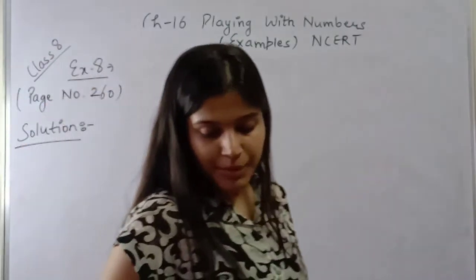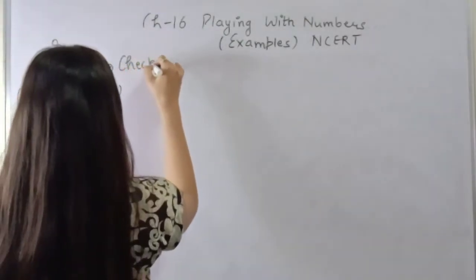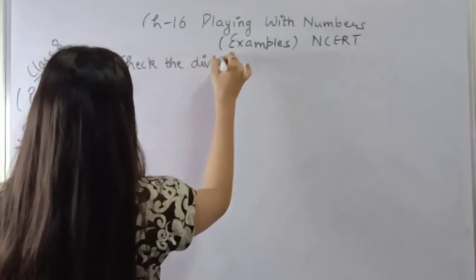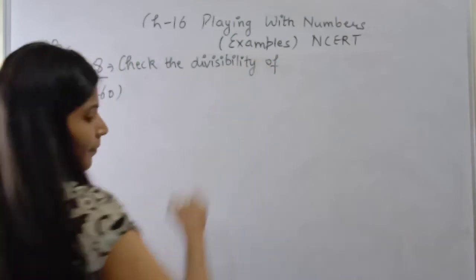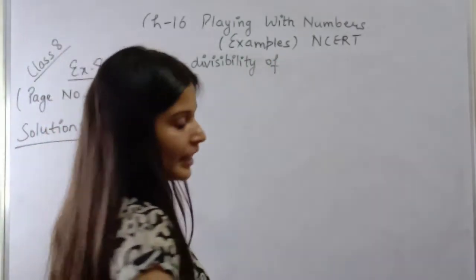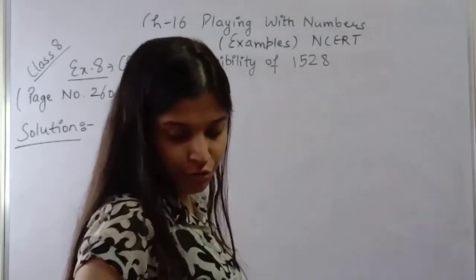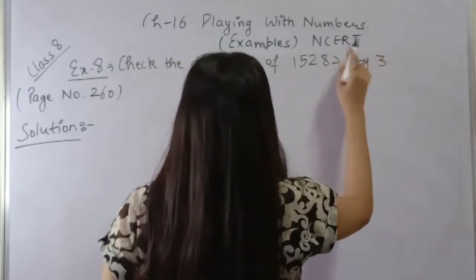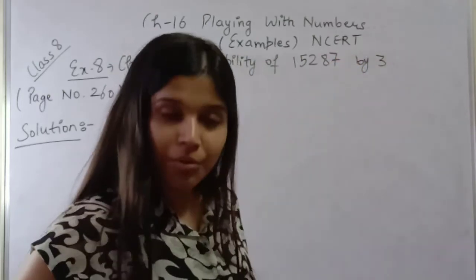Okay, so the example says, check the divisibility of 15287 by 3. So again we have a question for divisibility of number 3, right?